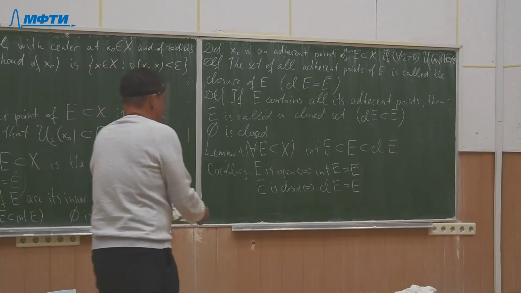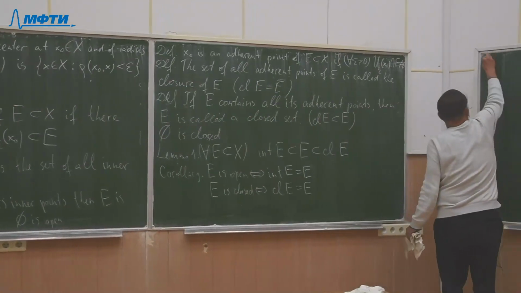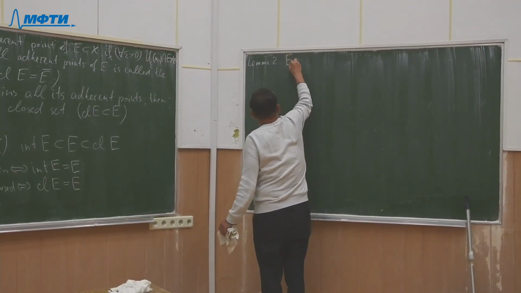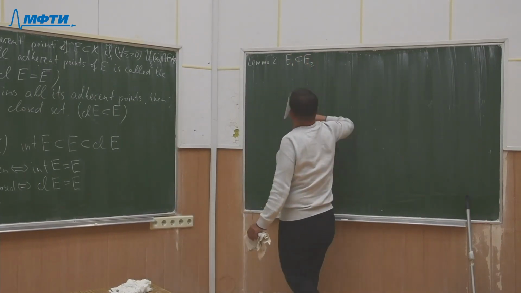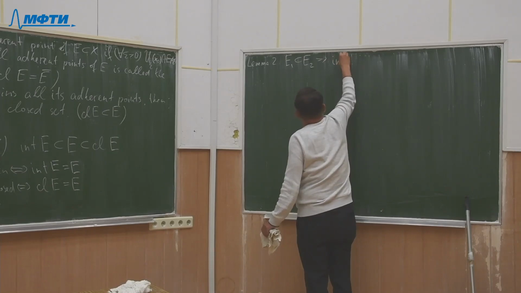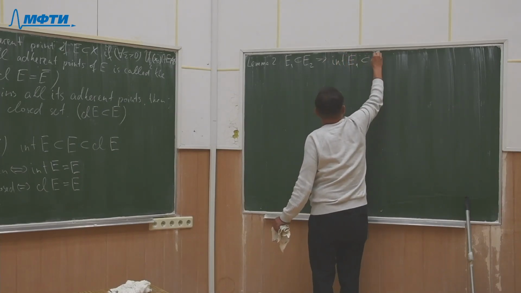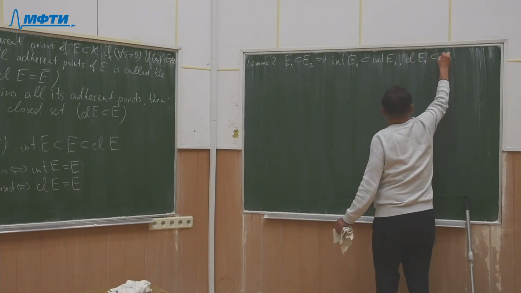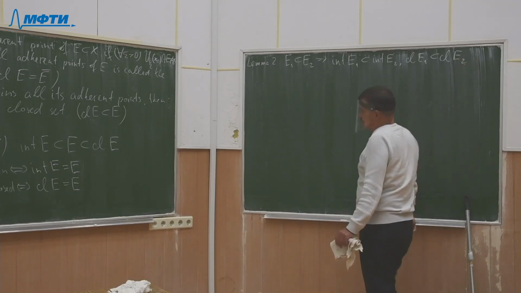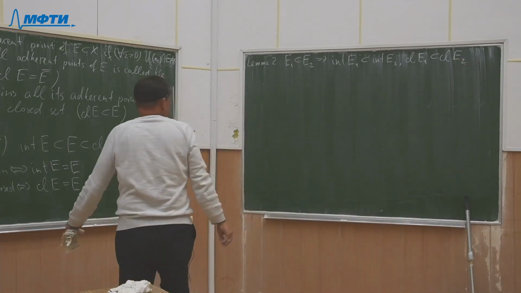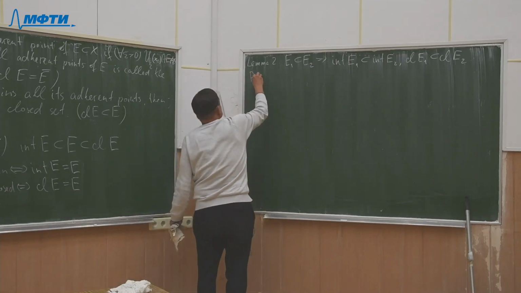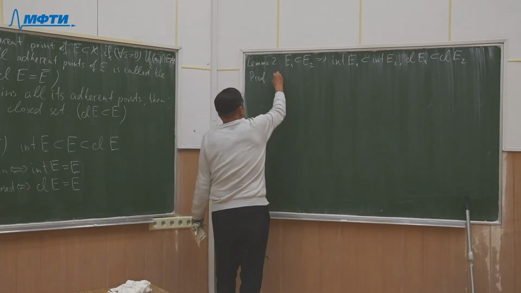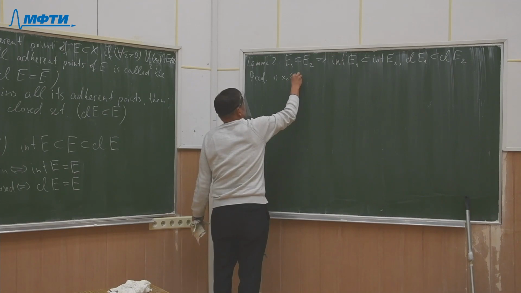Next lemma, lemma 2. If E1 is a subset of E2, then the interior of E1 is a subset of the interior of E2, and the closure of E1 is a subset of the closure of E2. Proof. So look, suppose x naught belongs to the interior of E1.